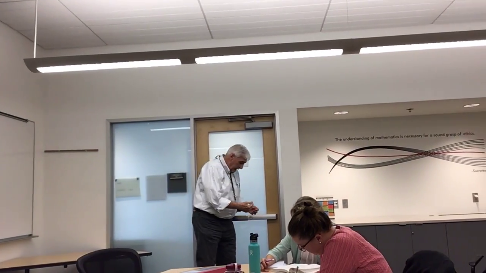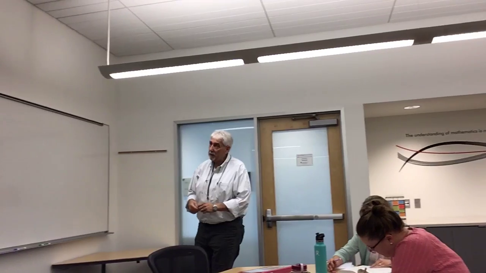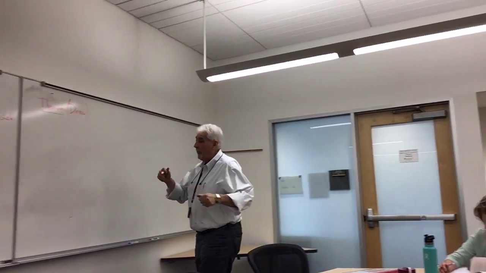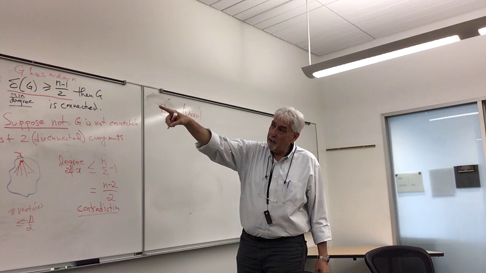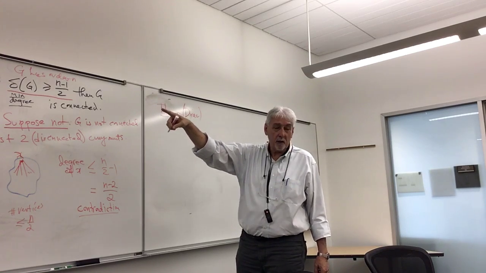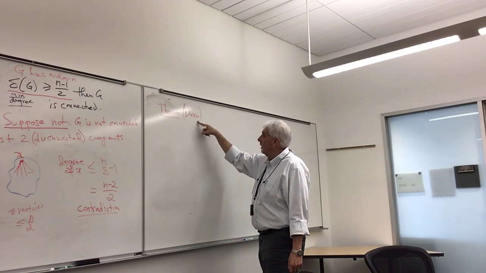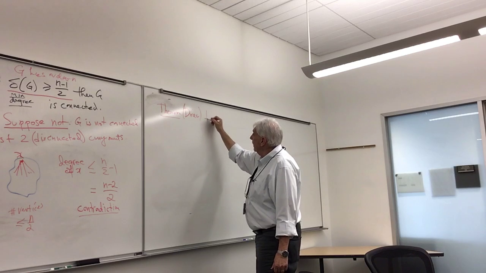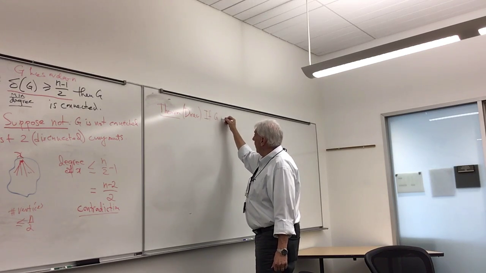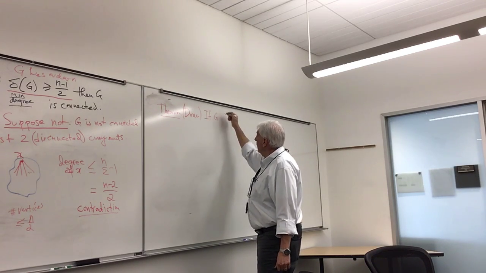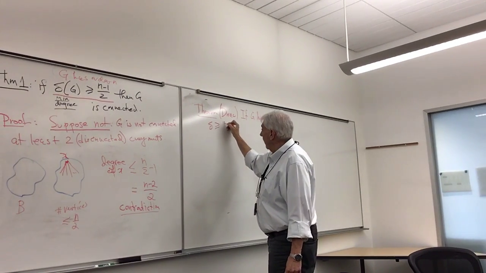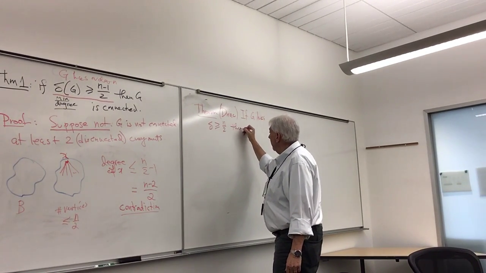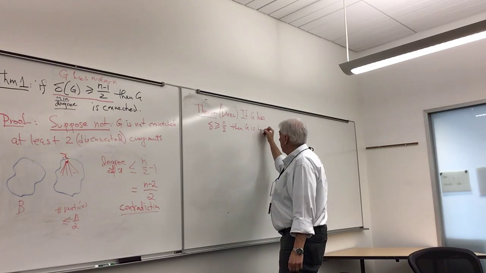And it finally gives a condition that implies when a graph is Hamiltonian. Notice we have a condition that implies the graph is traceable. That's close. Now we need a condition that implies that a graph is Hamiltonian. If G has min degree greater than or equal to n over 2, then G is Hamiltonian.